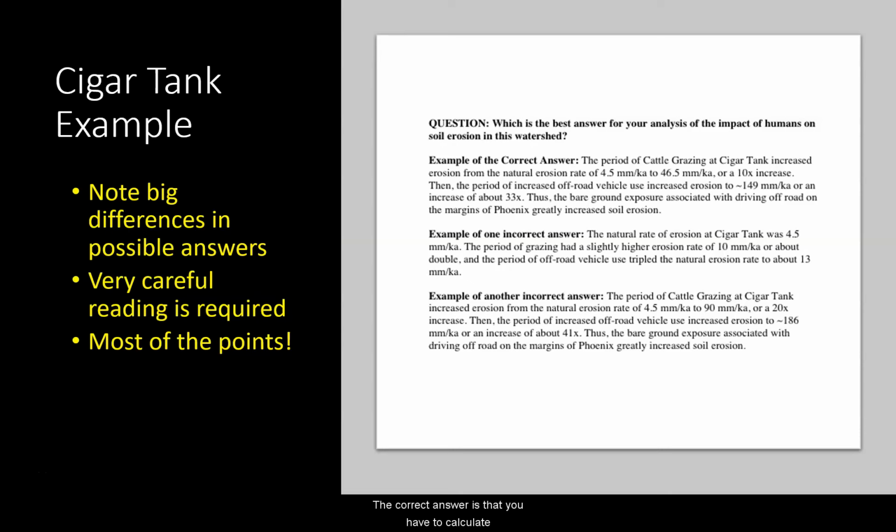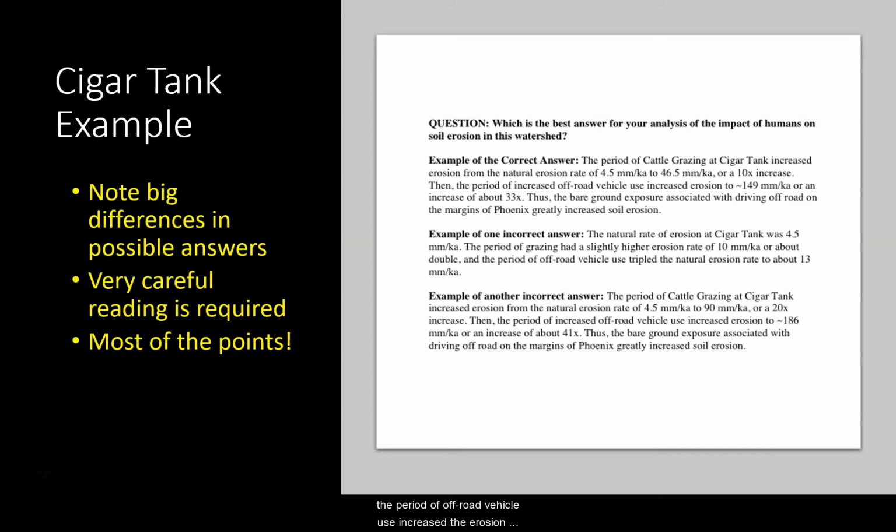The correct answer is that you have to calculate the period of cattle grazing increased erosion from the natural erosion rate of 4.5 millimeters per thousand years to 46.5 millimeters per thousand years, or about a 10 times increase.